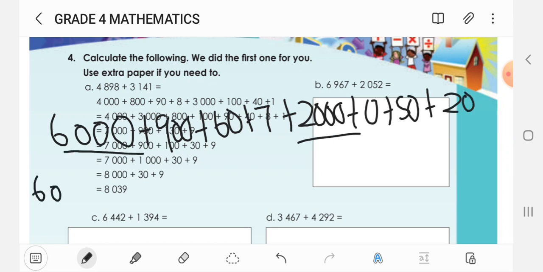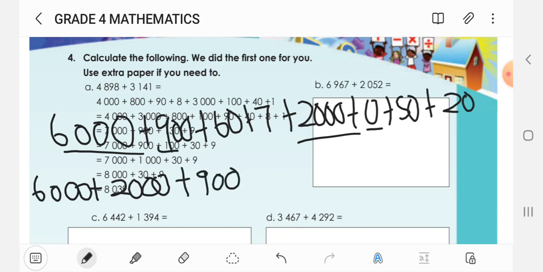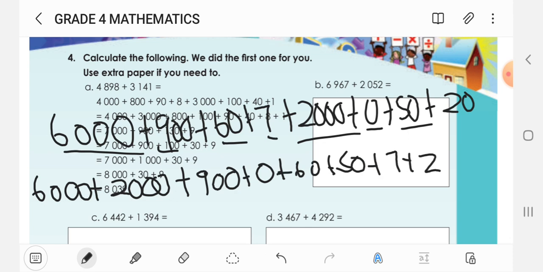That is 6,000 plus 2,000. And then now let's add the hundreds together. We have 900 plus 0, plus the tens together. We have 60 plus the 50, plus the units. We have 7 plus the 2.